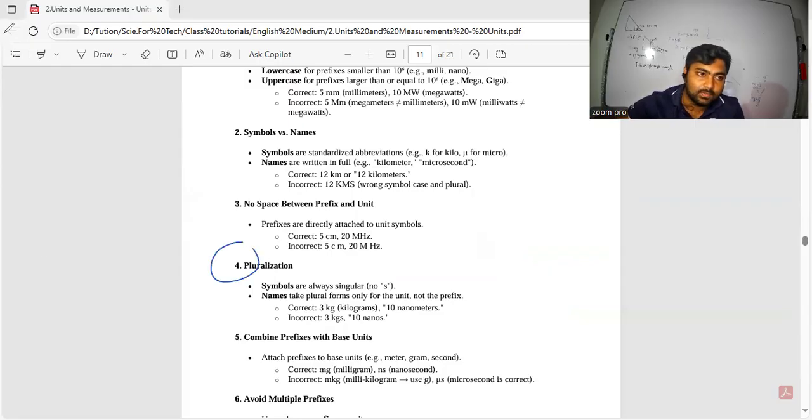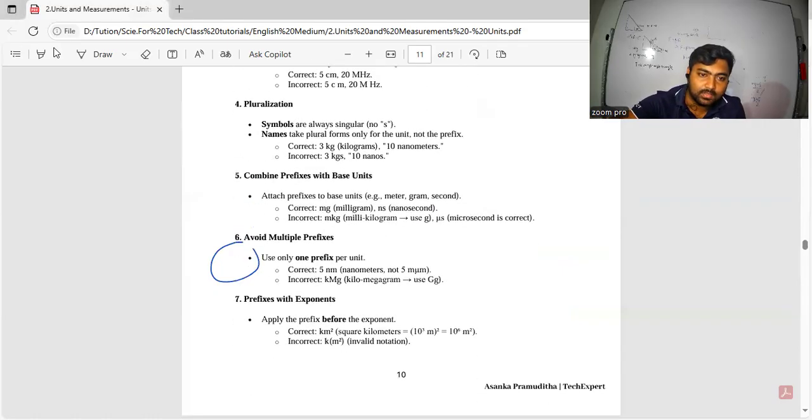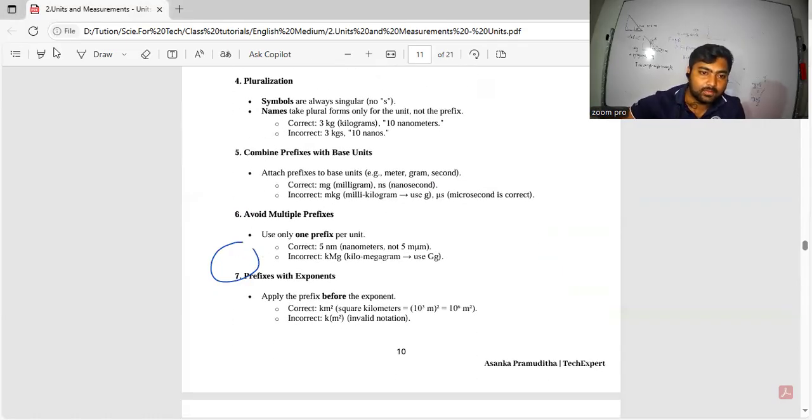Then as the fourth topic, pluralization is discussed, and this one also. Avoid multiple prefixes. This is a very important thing. We do not use multiple prefixes.